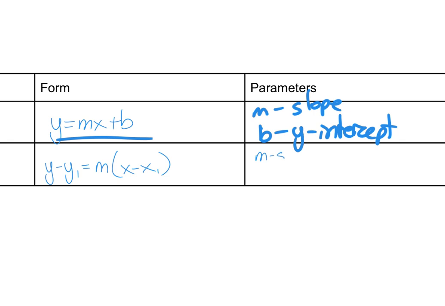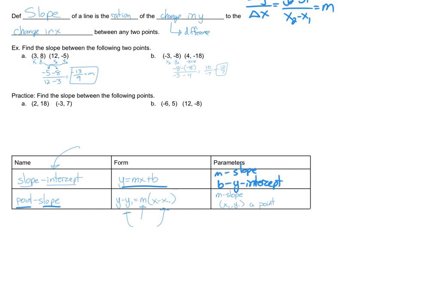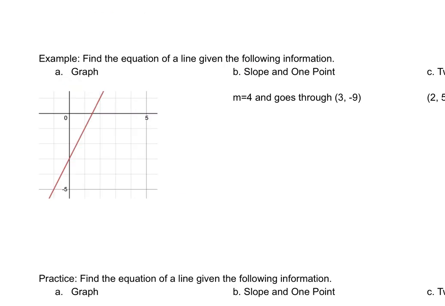Again, m is the slope, and x1, y1 is a point. If we have been given 2 points, we use those to find the slope like we just practiced, and then you choose one of them to substitute in for x and y. We should see that in some examples on the next page.